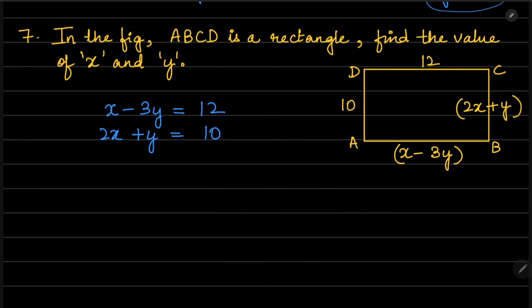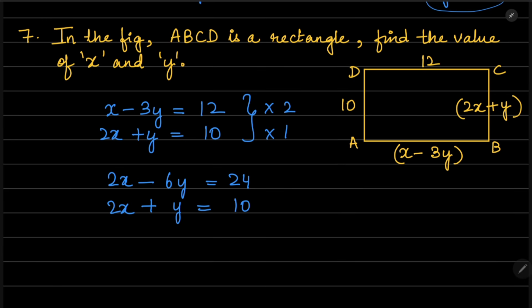You can choose any method in order to find the solution, but I will go for the elimination method. Okay, so here I'm multiplying it throughout by 2 and here I'm multiplying it with 1. So 2x minus 6y equal to 24 and 2x plus y equal to 10. I did not do any changes to it. I'm just subtracting them.